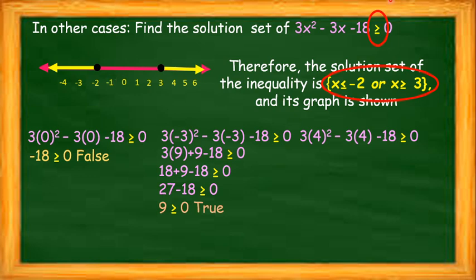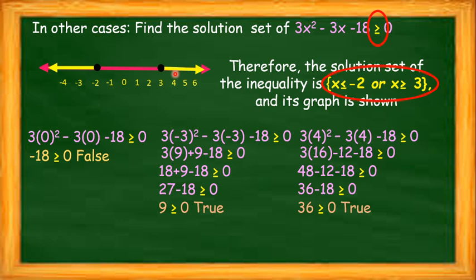Next, we use positive 4, the number at the right side of the critical point 3. So let's check if we get the correct answer. We get 36, which is greater than or equal to 0. Is it correct? Yes, because 36 is greater than 0.